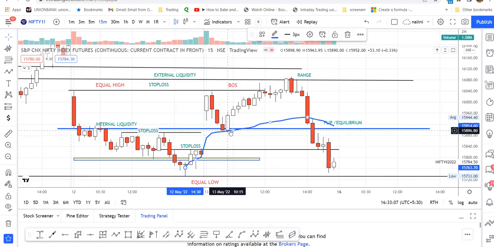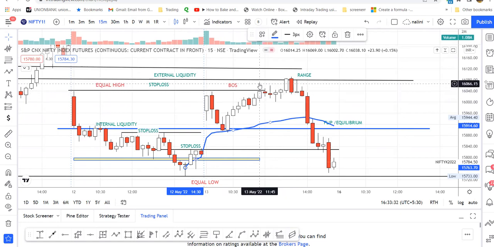The price came and halted, and you can see the reversal of this. Price started coming into the same level, a triple top now. It is a triple top and equal high, and it induced a break of the structure.